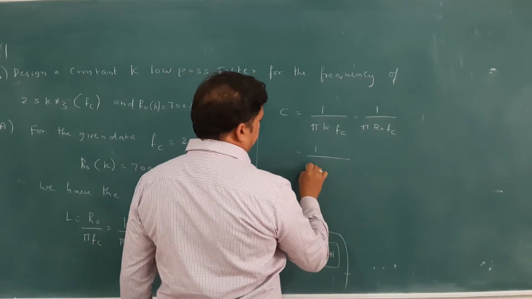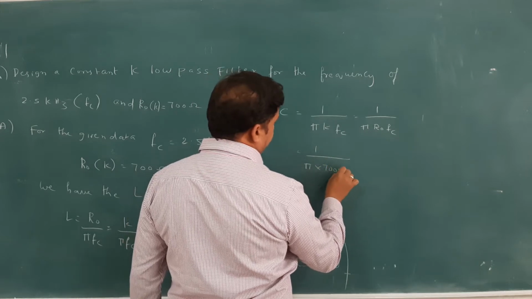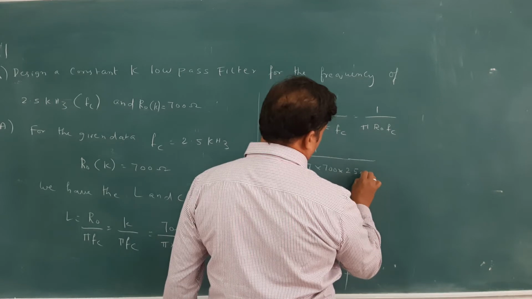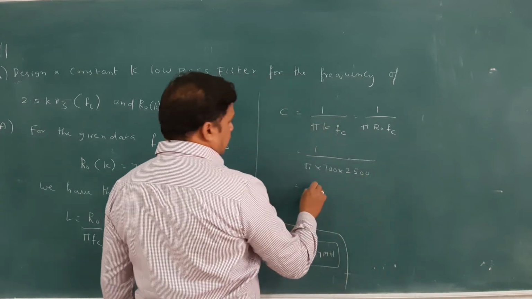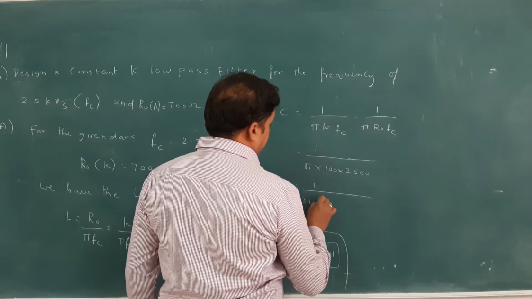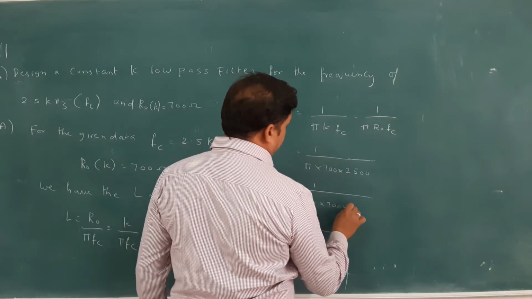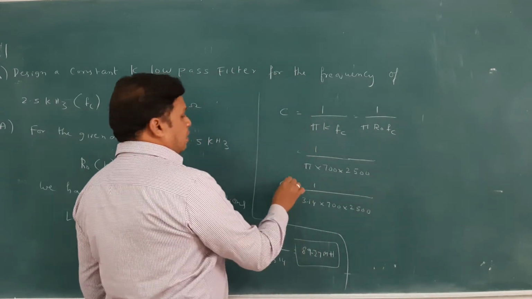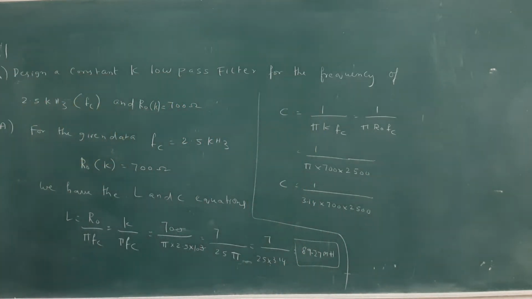So 1 by pi into 700 into 2.5 kilohertz, which means 2500. So it is 1 by 3.14 into 700 into 2500. So C is equal to 1 by 3.14 into 700 into 2500.